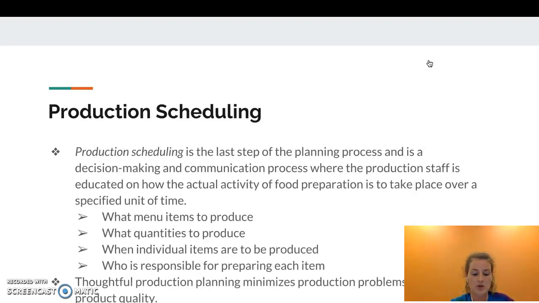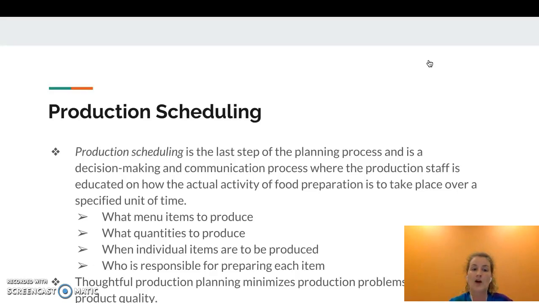So, production scheduling. This is the last step of the planning process, and it is to ensure efficient use of time, equipment, and space by identifying what menu items to produce, what quantities to produce, when the quantities and individual items need to be produced, and who is responsible for preparing each item.